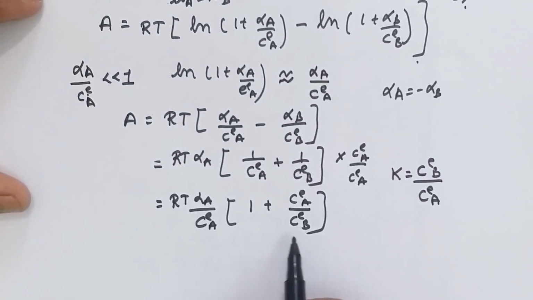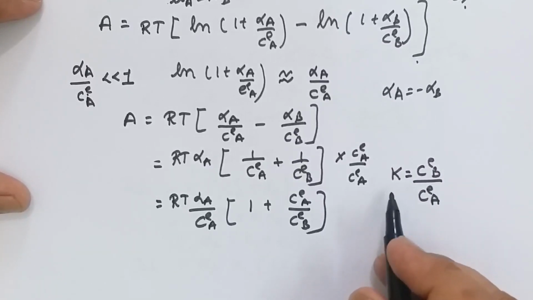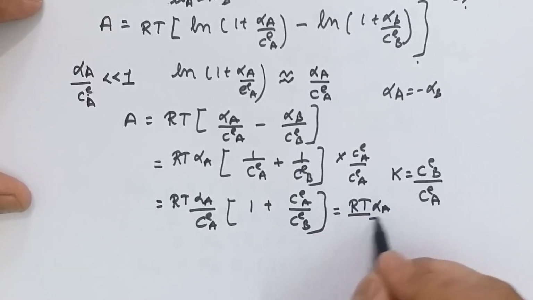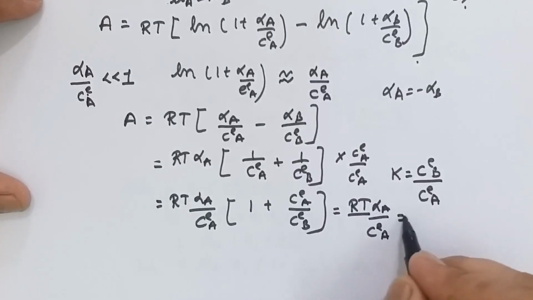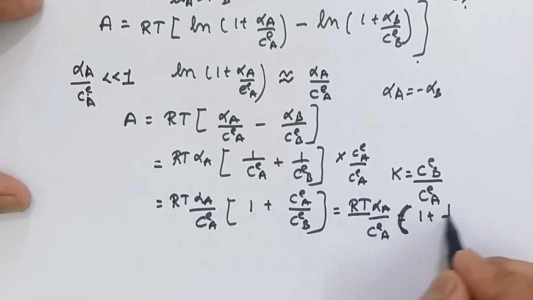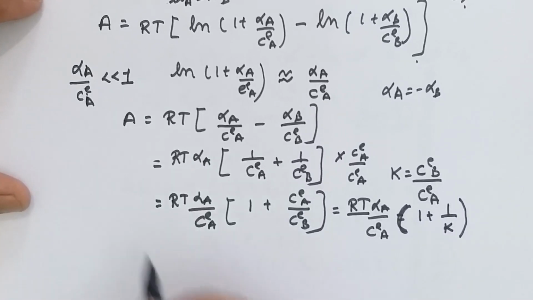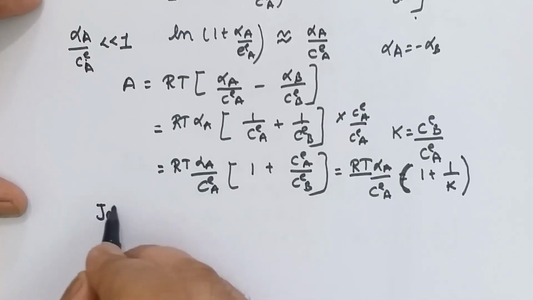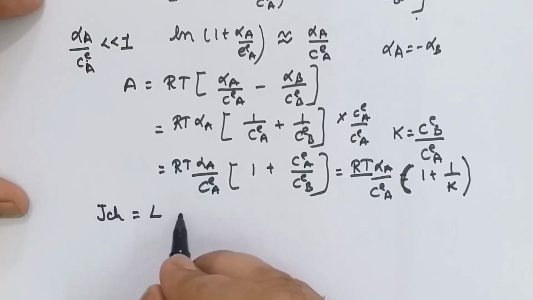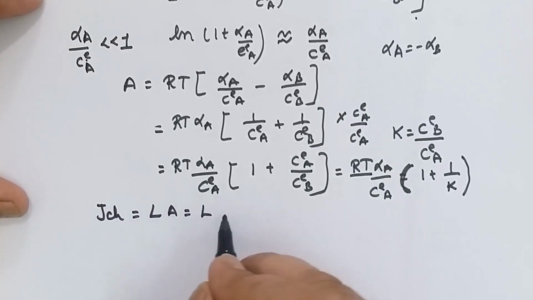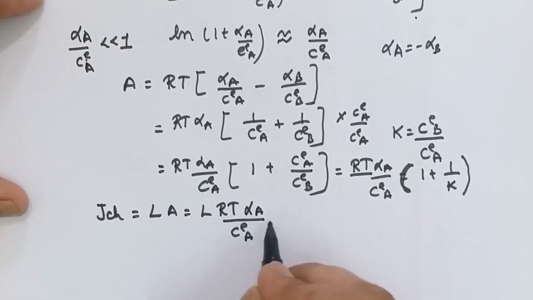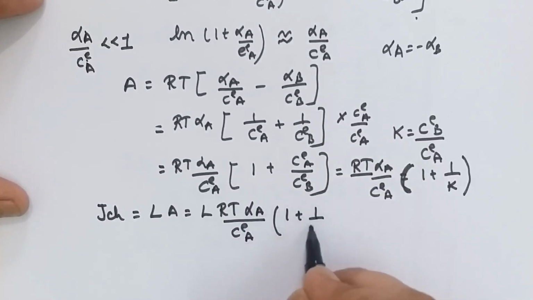So over here in place of this term we can replace it by K. So we are left with RT alpha A upon CeA into (1 plus 1 upon K). We can now substitute this in the expression, and hence our rate JCH is equal to L into A, and that will be equal to L into RT alpha A upon CeA into (1 plus 1 upon K).